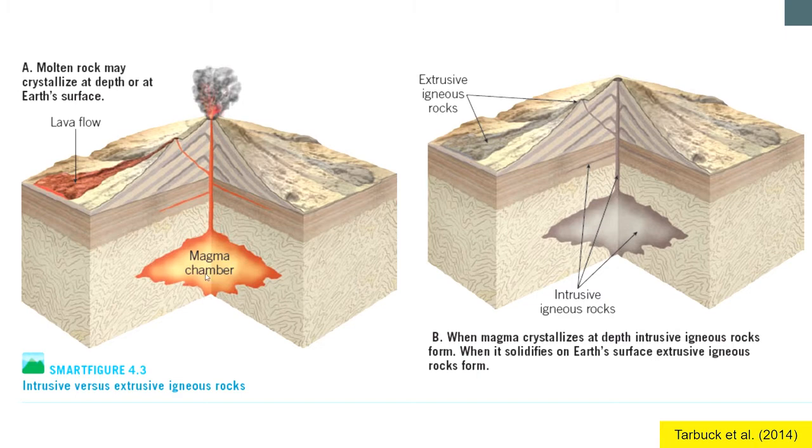But if this magma becomes part of a volcanic eruption, reaches the surface, becomes part of the lava, and cools or solidifies over time, we call them extrusive igneous rocks. So intrusive, underneath the surface; extrusive igneous rocks cooled on top of Earth's surface.